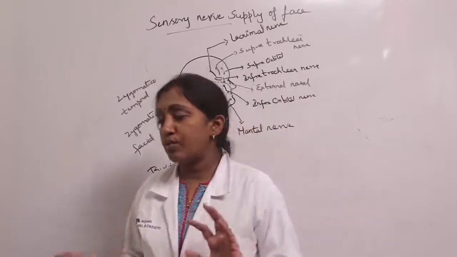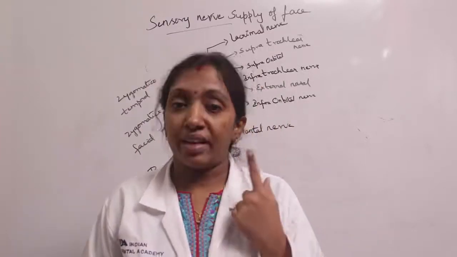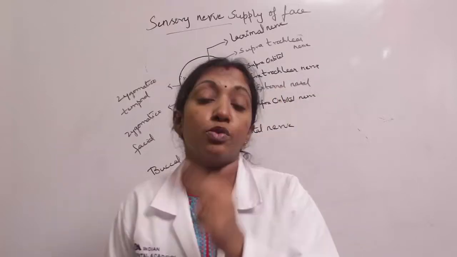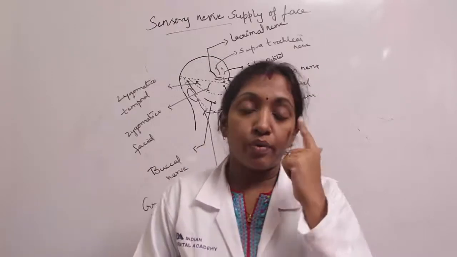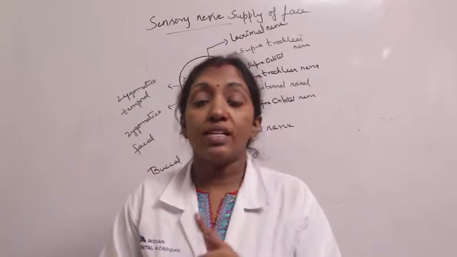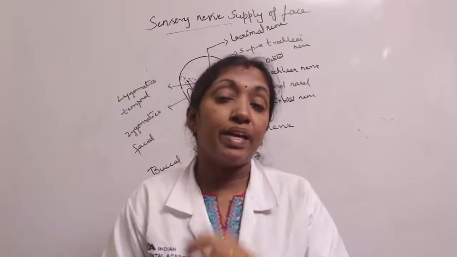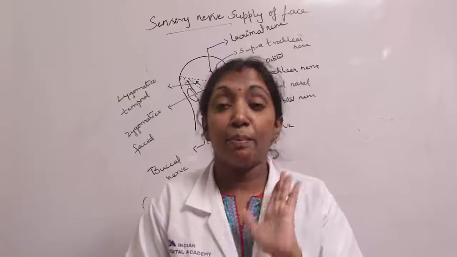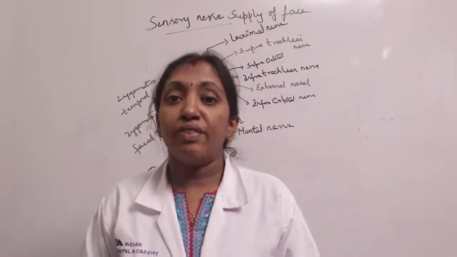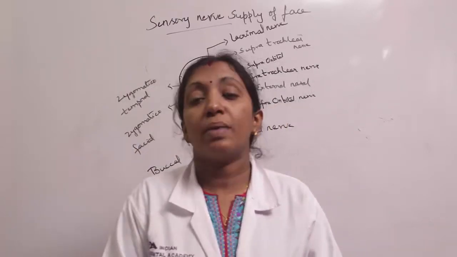Of these, we have the frontalis, zygomaticus minor, zygomaticus major, procerus, corrugator supercilii, and one important muscle, the orbicularis oculi, then orbicularis oris, depressor anguli oris, depressor labii inferioris, risorius, buccinator, levator labii superioris, alaeque nasi, and nasalis. There are numerous facial muscles.